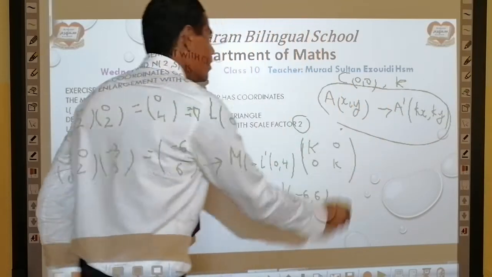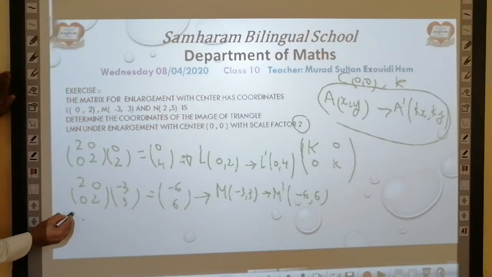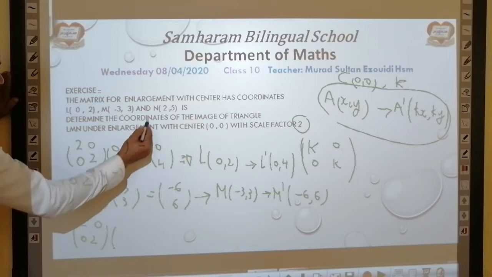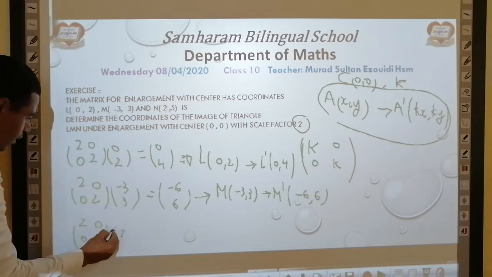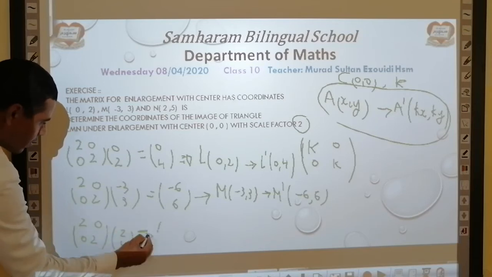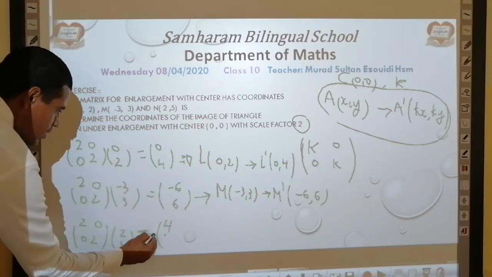So the next one, my kids, it will be 2, 0, 0, 2, multiplied by the coordinates of N, which is 2, 5. So 2 by 2 is 4, and this is 10.